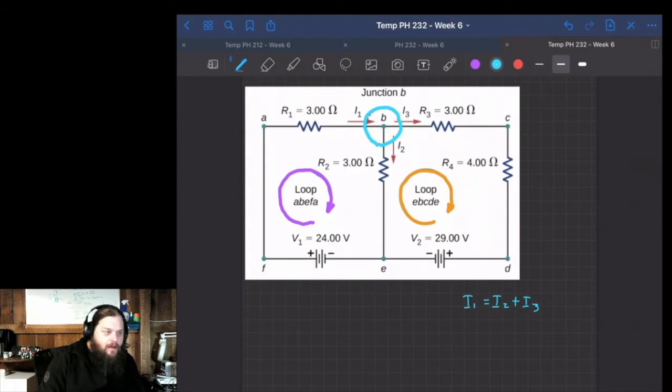We can also write the equation for the purple loop here. We can say V1 down here minus R1 I1, that's up here, minus R2 I2 is equal to 0.